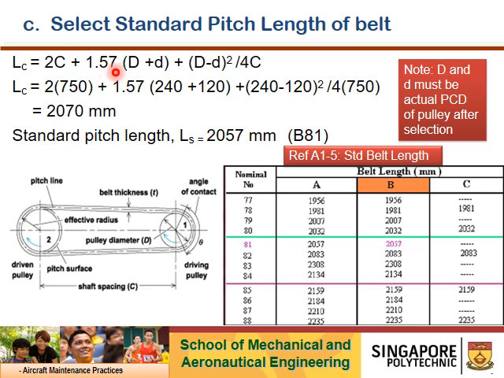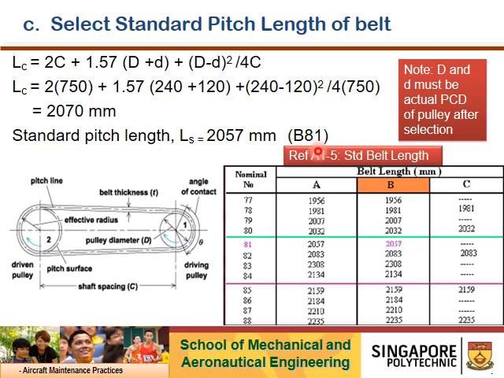Anyway, what you need to do is put in all those variables, punch in the equation, and you will get your LC is equal to 2070 mm. So the pitch belt length you should use will be something lesser than 2070 mm.